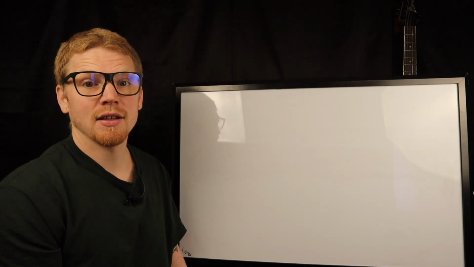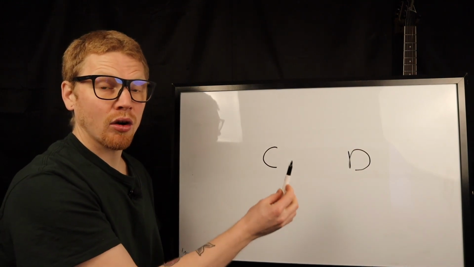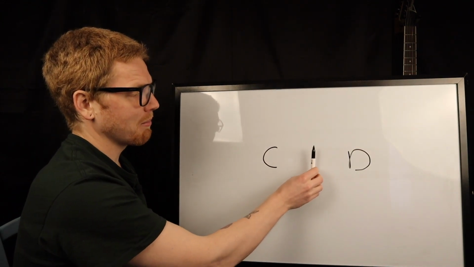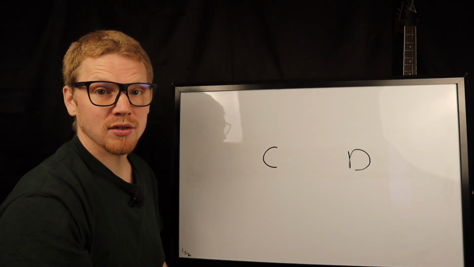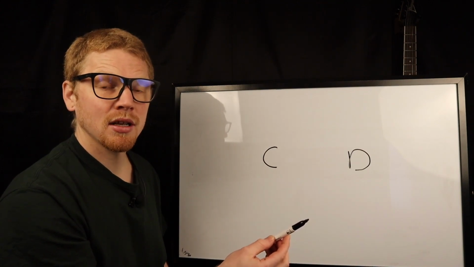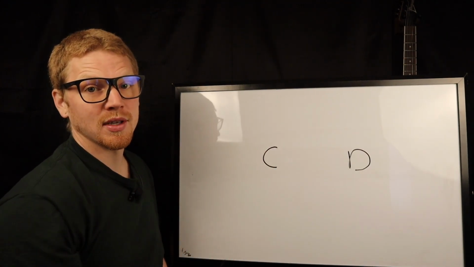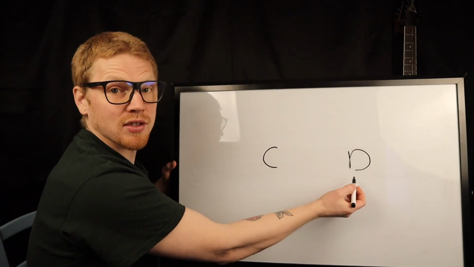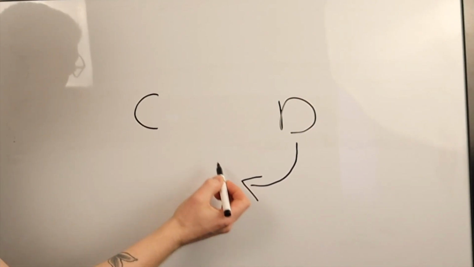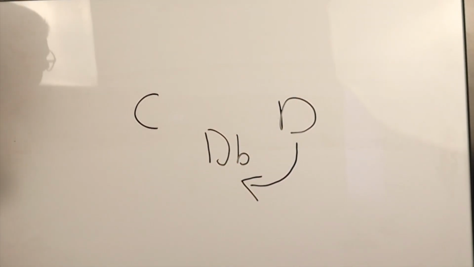Now, this is a spot where some people can get confused. If we look at the notes C and D, we know that there is a whole step between these notes. We have a gap in between these notes. Now, depending on where you're coming from, we can either have a sharp or a flat in between these notes. If we start at D and we come down a 1/2 step, this note is then going to be D flat.